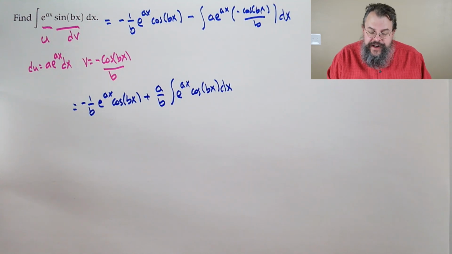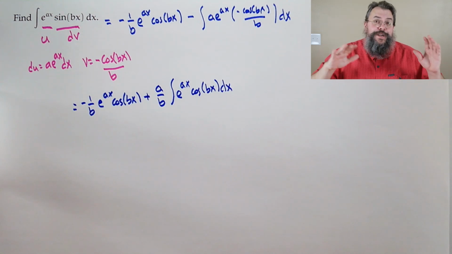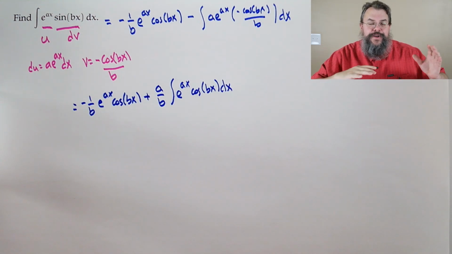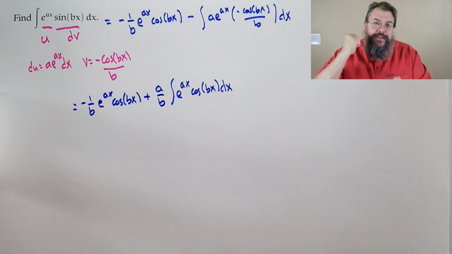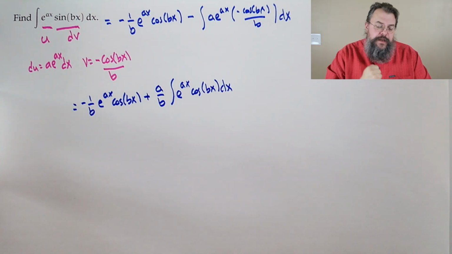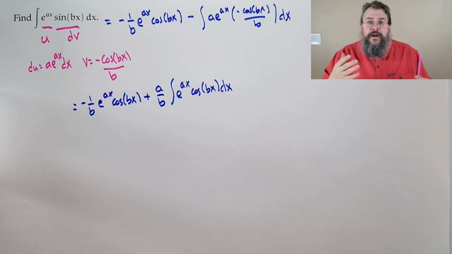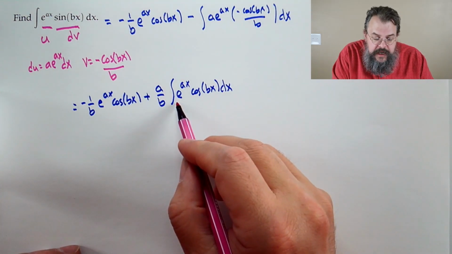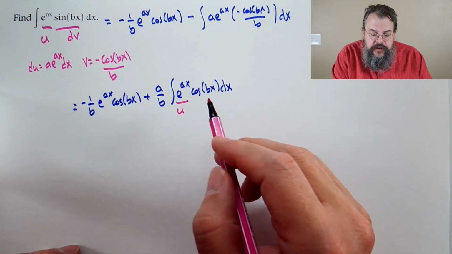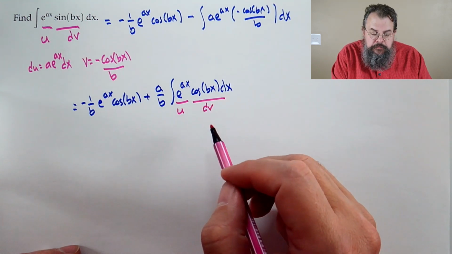So let's try it again. Now, we don't have to think about which part do we make which, because our rule of thumb is once you make a decision, you stick with it. So we're going to keep going. In other words, whatever was acting like our u before continues to act like our u, and similar for the dv, which means the e to the ax, that's our u, our cosine bx dx, that's our dv.